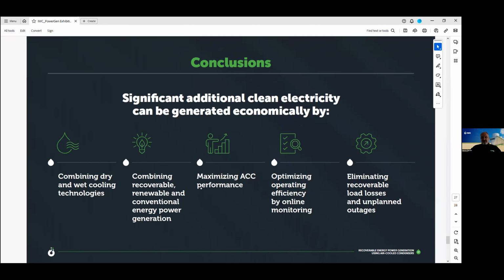Maximizing ACC performance can give you dramatic increases in output on an existing plant, and one can optimize operating efficiency by online monitoring, and effectively by adding or improving the systems, one can eliminate recoverable load losses and unplanned outages.